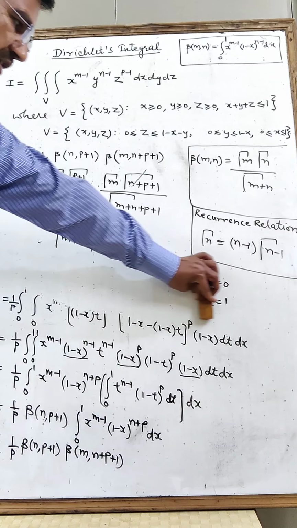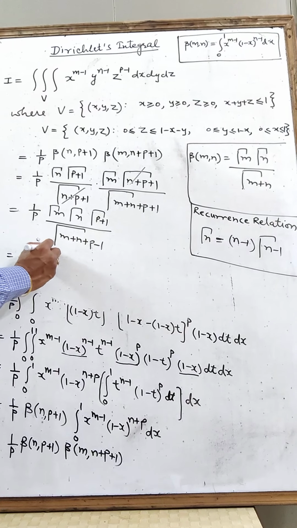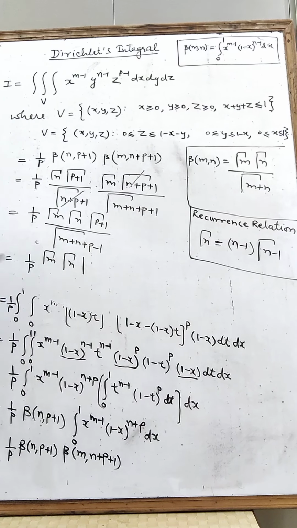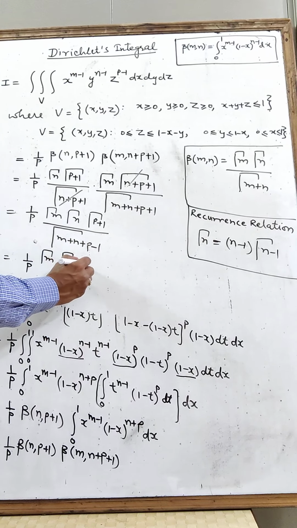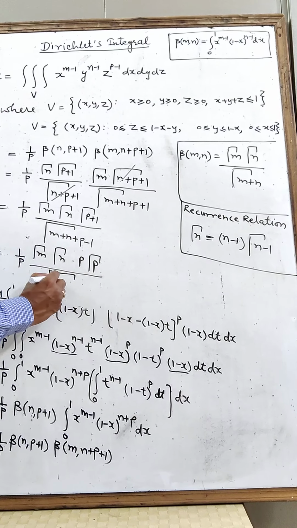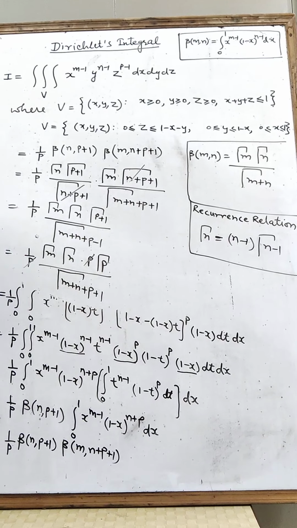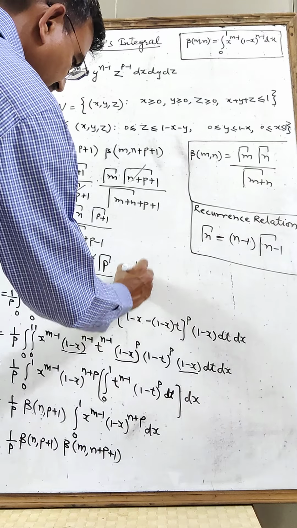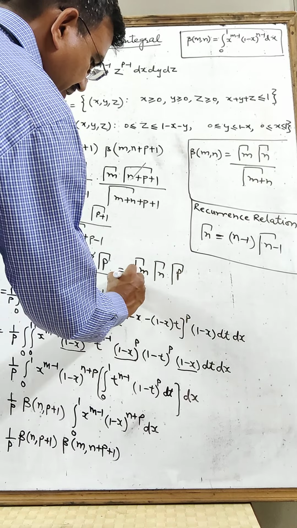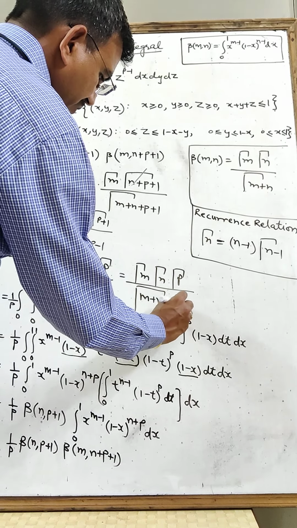So it would be equal to 1 by p, gamma of m, gamma of n, and we use the recurrence relation, it will become p into gamma of p over gamma of m plus n plus p plus 1, and we will cancel out this p, and it would be equal to gamma of m, gamma of n, gamma of p over gamma of m plus n plus p plus 1.